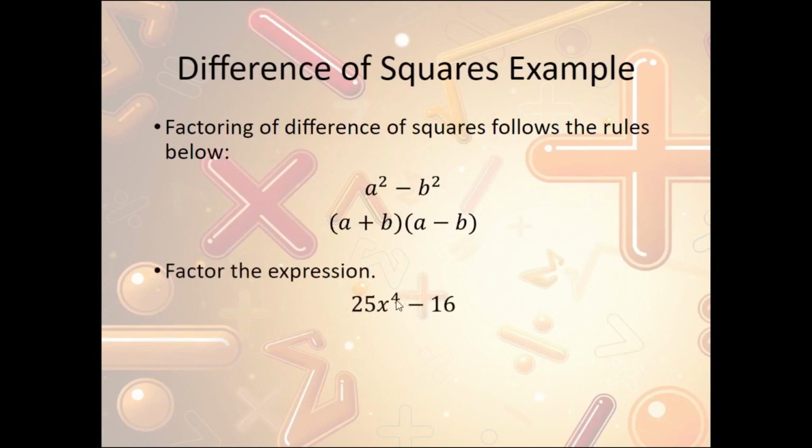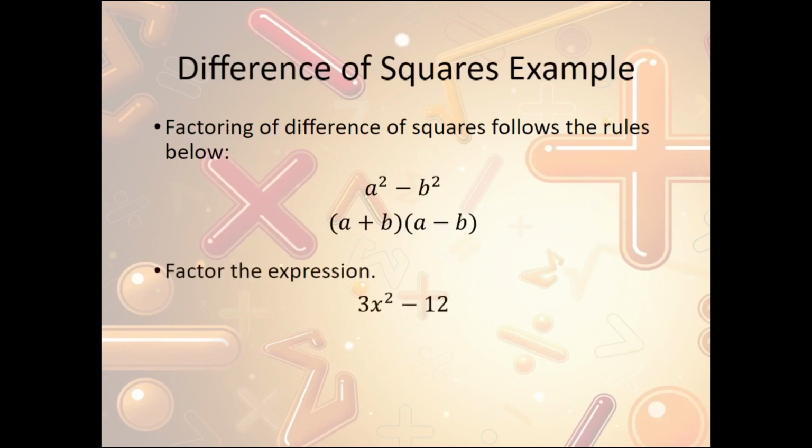Well, we have a power of 4 here, but is that still a perfect square? Well, we know 25 is a perfect square, and then x to the 4th is really x squared squared. So we can go ahead and enter that in. So this is 5x squared plus 4 times 5x squared minus 4. And that would be our difference of squares.